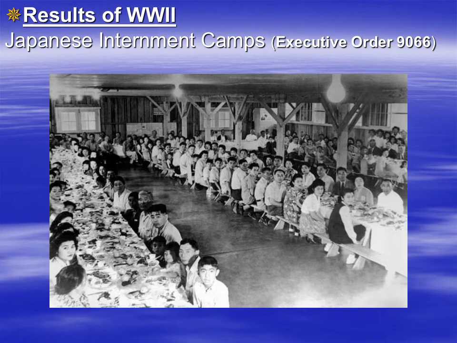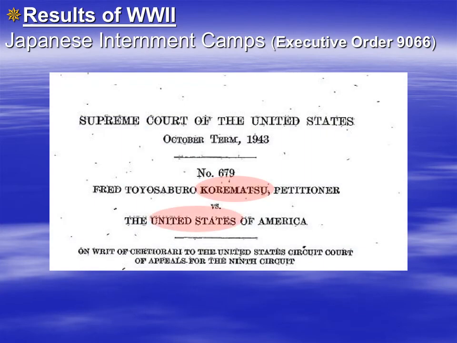Also during this time period, you will see a Japanese American that will actually sue. His name is Fred Korematsu. He will sue, saying that he should not be forcibly removed from his property because he did nothing to break the law, and he should not pose as a danger. Well, the Supreme Court will disagree.